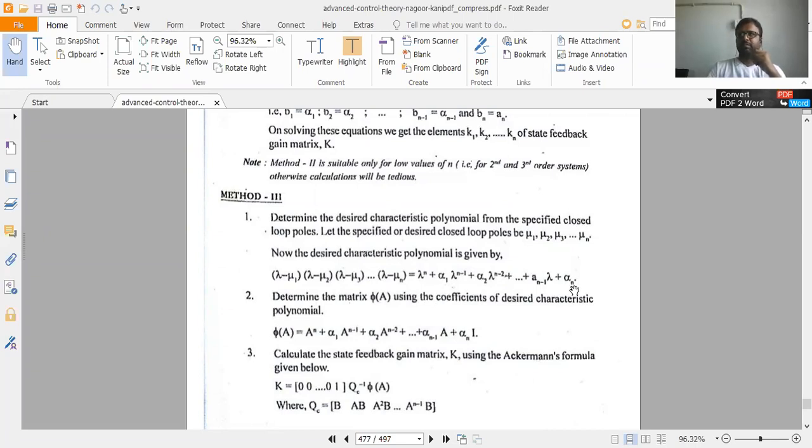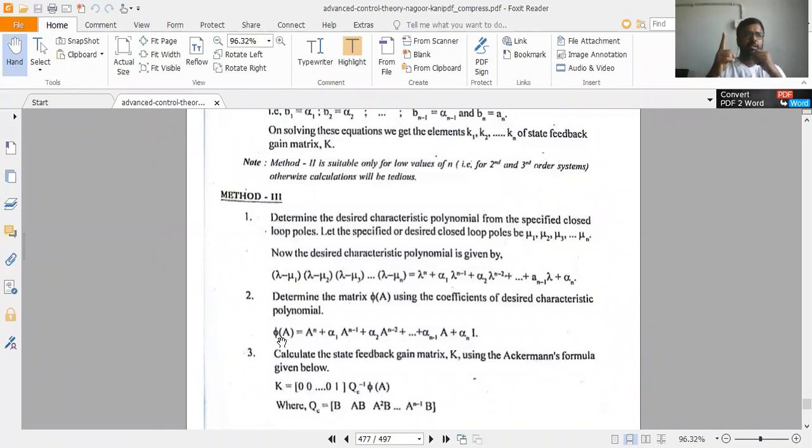Based upon these coefficients only, we are able to calculate phi of A. And phi of A should follow the equation A power n plus alpha 1 into A power n minus 1 plus alpha 2 into A power n minus 2, plus so on up to alpha n minus 1 into A plus alpha n into I. That means the last element has to be multiplied with the identity matrix.